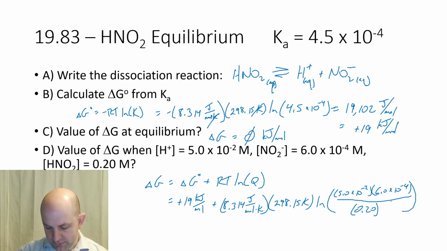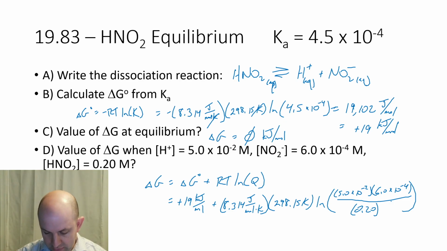We take those concentrations, 5 times 10 to the negative 2 times 6 times 10 to the negative 4, all divided by 0.2, so that's 0.00015. Take the natural log of that, so it's negative 8.8048.